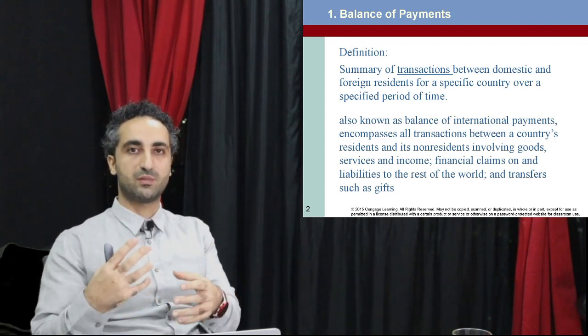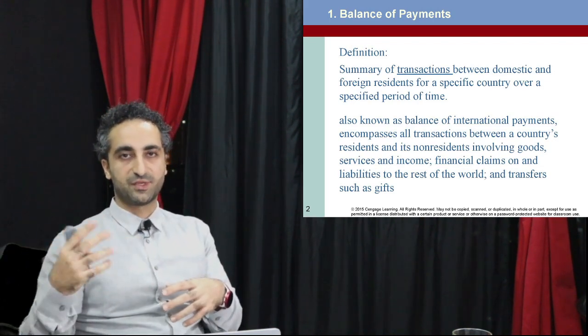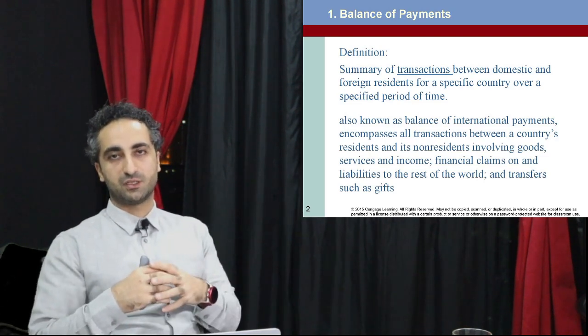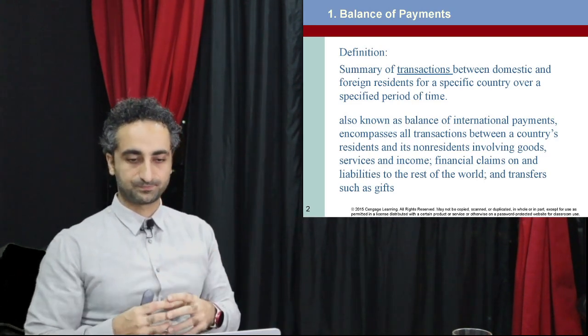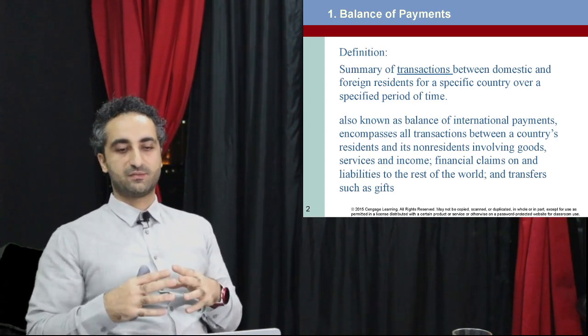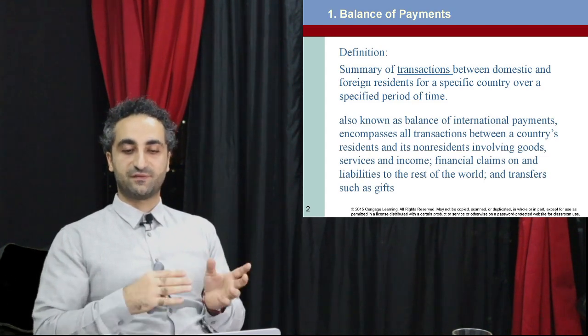What kind of income? Maybe, as I told you, I invest in Indonesia. I buy stocks. Maybe I have a loan in the Philippines, etc. So, financial claims on and liabilities to the rest of the world, and transfers such as gifts.